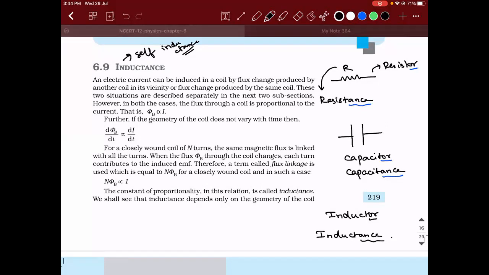Okay, so that is what we are going to see now, for which we already know certain basics.